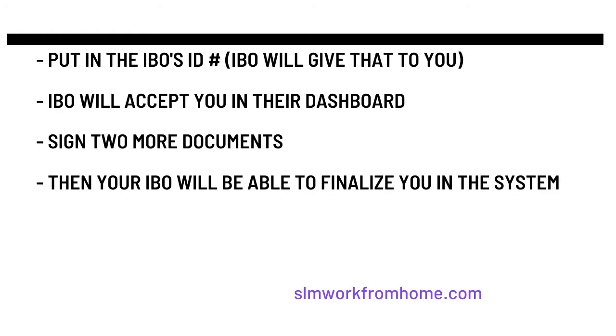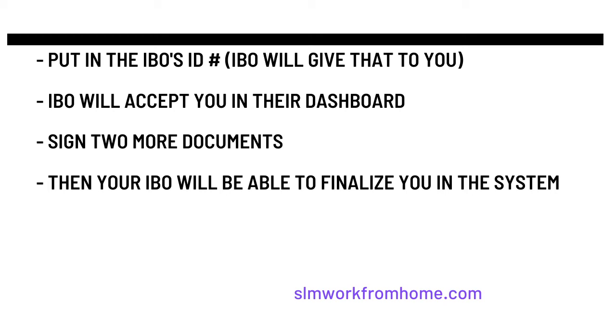All right. So once you choose your independent contract type as working as an agent, the next step, you're going to be led to where you put in your IBO's ID. Your IBO will provide that ID number for you. And then once you do that, your IBO will be able to accept you on the back end on their dashboard.